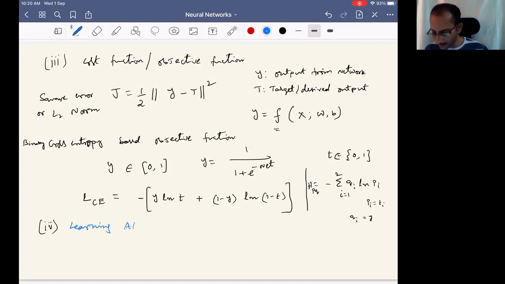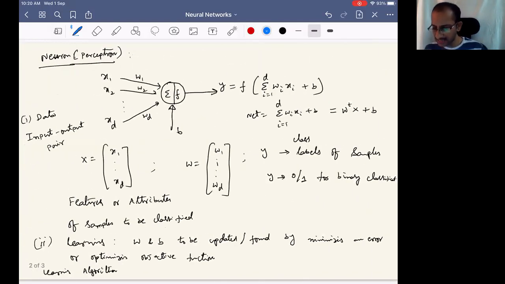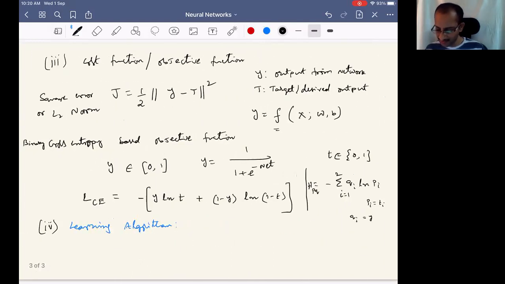Yeah, learning algorithm. Here, learning parameters is what we have discussed. Which are the learning parameters? Here what we are discussing is the learning algorithm. Also, it is gradient descent.